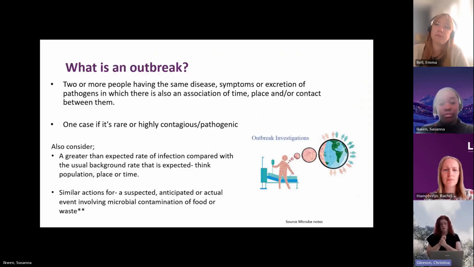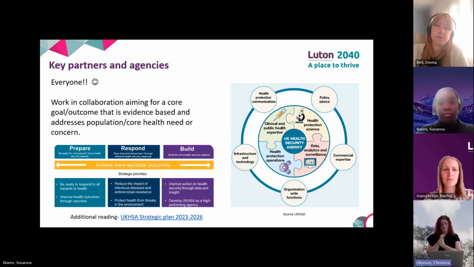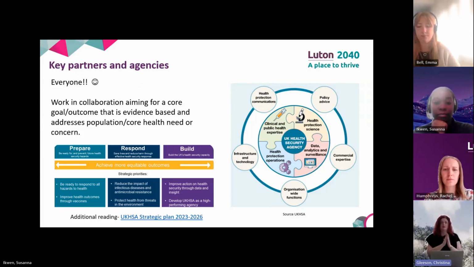So who do we work with in health protection? Key parties, it's everyone really. We work in collaboration, aiming for goals and outcomes from an evidence-based approach to address population and core health needs or concerns. UKHSA have released their strategic plan, which covers 2023 up to 2026, and they're very much looking at prepare, respond, and build.